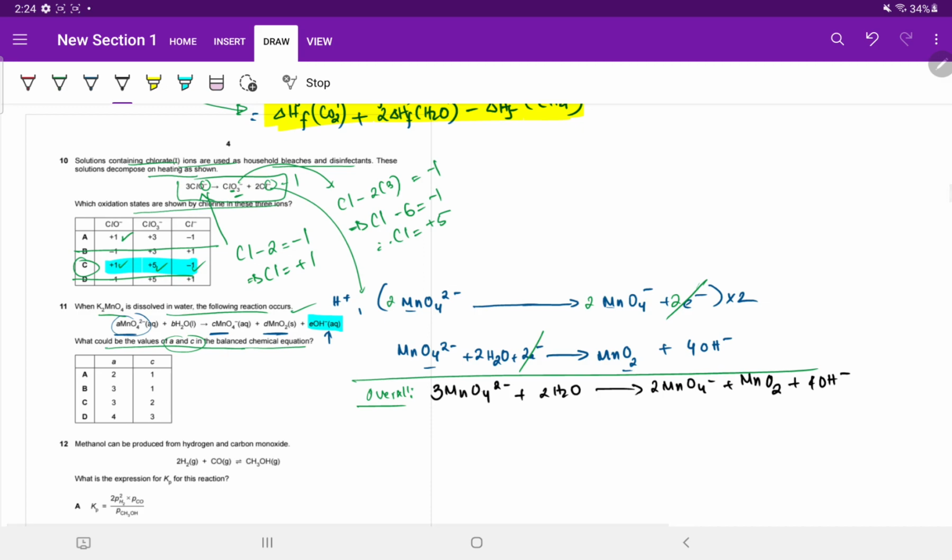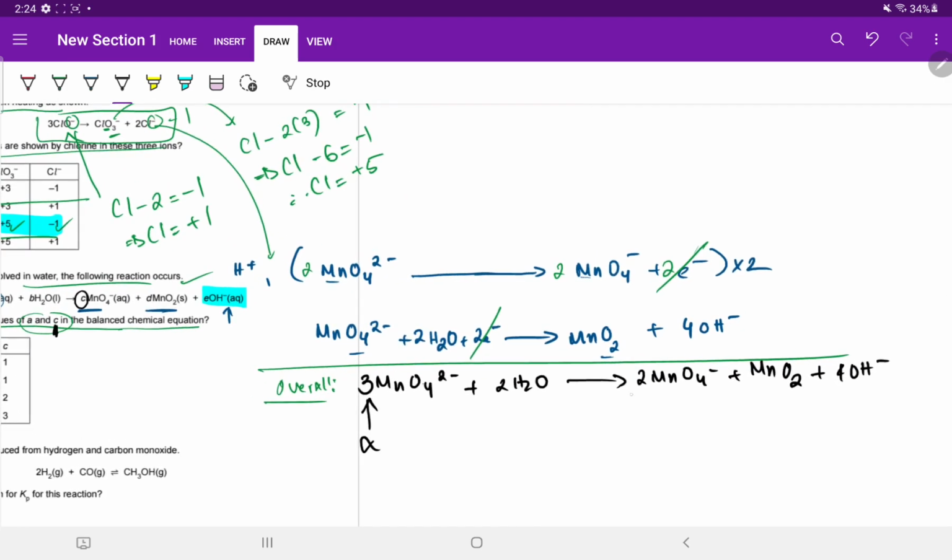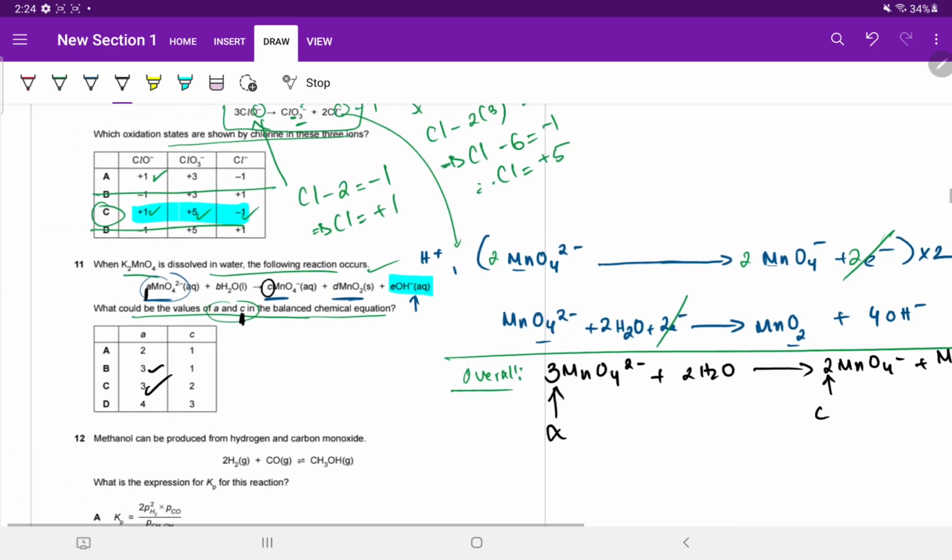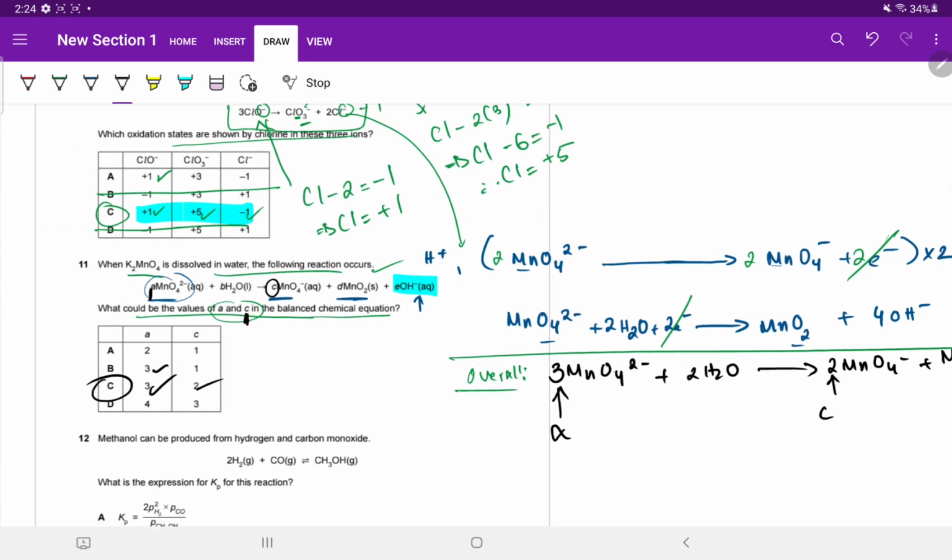Okay, now we can finally see what A and C are. So A is over here, this 3 will be our A, and our C is this thing, before MnO4 minus, so our C will be 2. So C is 2, A is 3, so our answer is C.